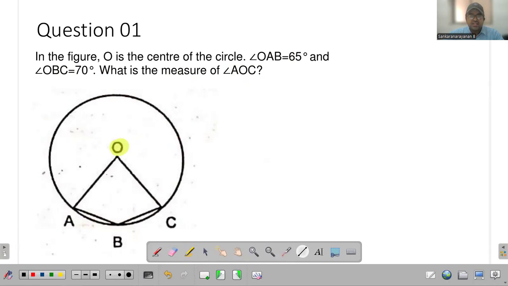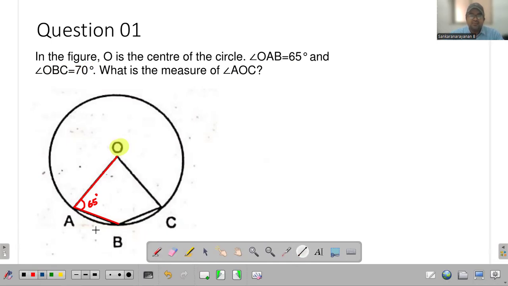It's given in the question that angle OAB, O to A to B, this angle, is given to be 65 degrees. So I'm just marking it over here, 65 degrees. Further, it's given angle OBC is 70 degrees.